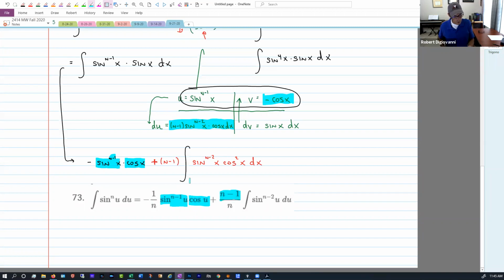See that n minus 1? I kind of have an n minus 1, don't I? Here we have sine to the n minus 1 of x, and here sine to the n minus 2 of x, but then we've got this cosine in here. This cosine squared is not close to the formula, right? That's something that's not in the answer. So we're getting there, but we're not there, okay?